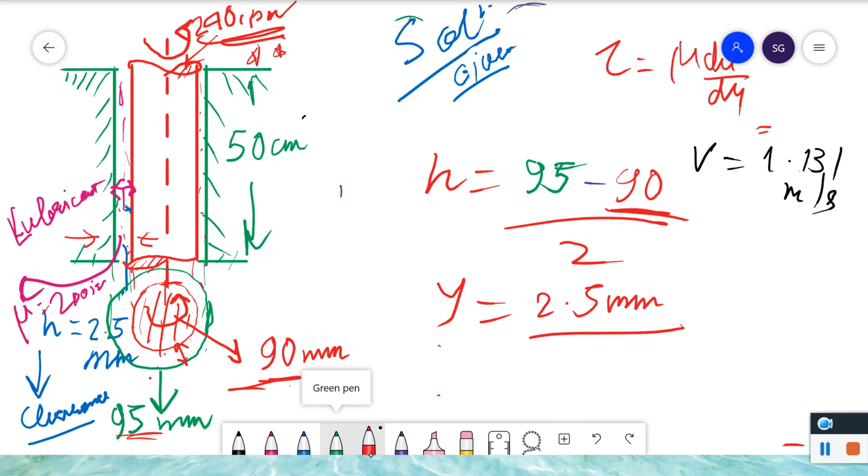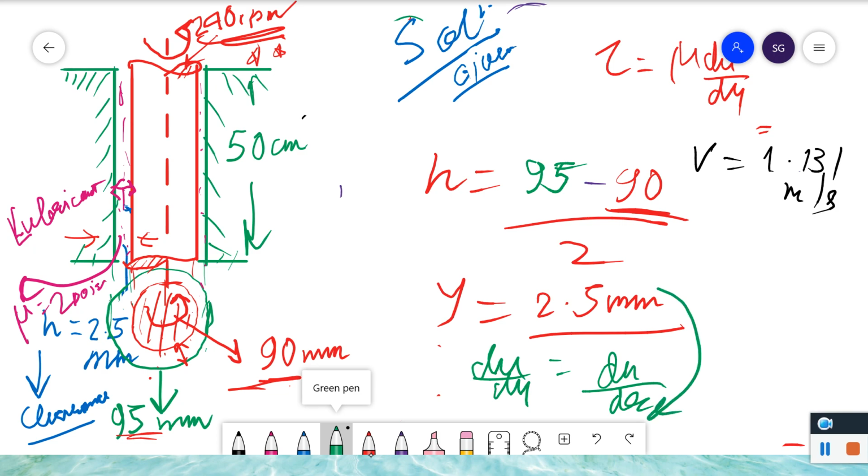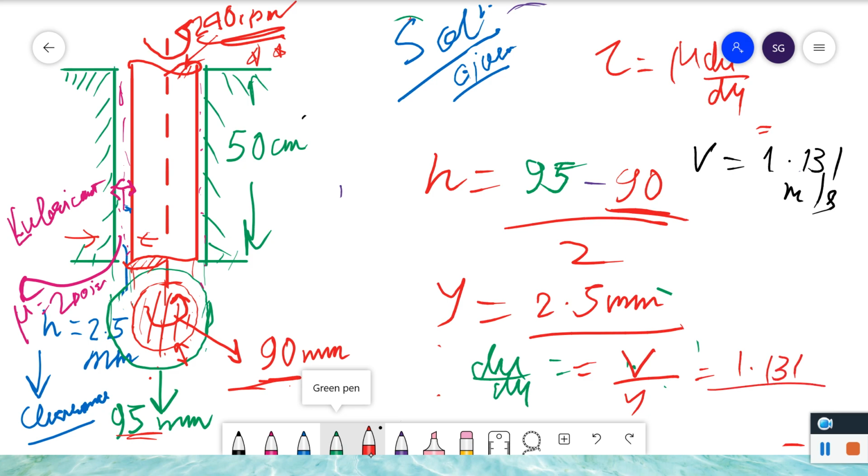Okay, and velocity gradient, that is du by dy. So here we can also write as du by dr, that we have already calculated, and this r is nothing but this y. Don't confuse with this one, forget this one. Du by dy we are going to calculate, so it will be v upon y, that is 1.131 upon 2.5 into 10 to the power minus 3.